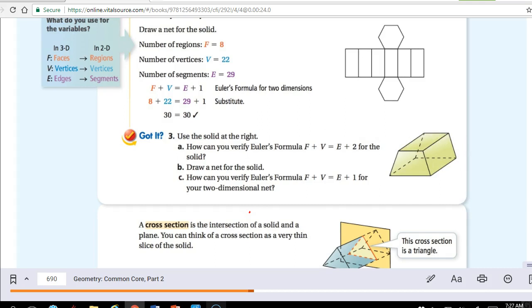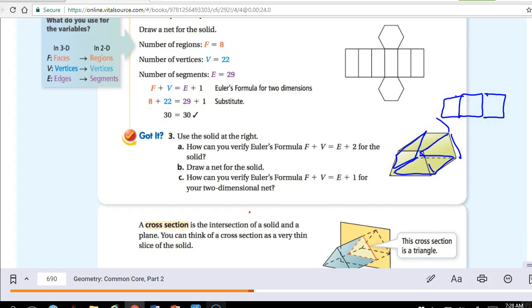Now, B says to draw the net of the solid. If I could roll these out, let's start with the bottom piece. You would have a square here, and then if I could fold this side outward, it would look like that. And if I could fold this side outward, it would look like that. It would lay flat.